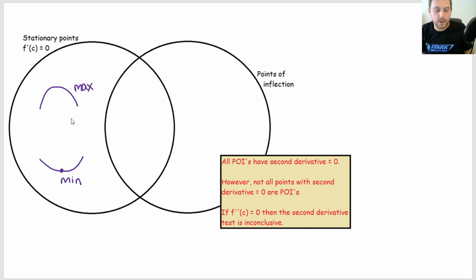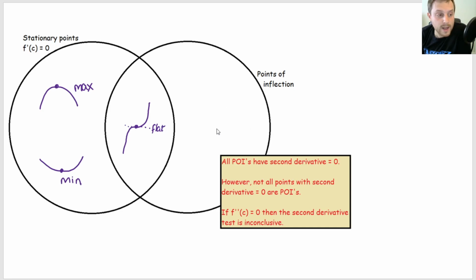Right, and it's literally the point at the top or the point at the bottom. Or we could have what's called a stationary point of inflection. So the best example is like y equals x cubed. So at that point, it goes from being sad to being happy, but the gradient also happens to be flat there. So that's flat.